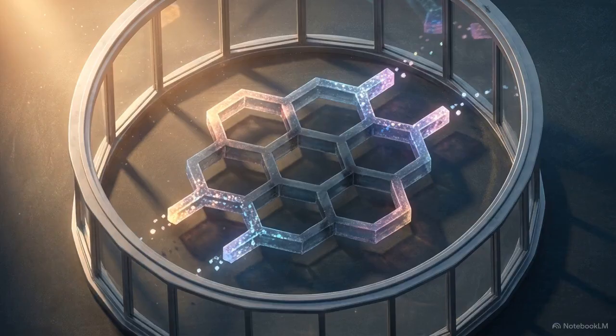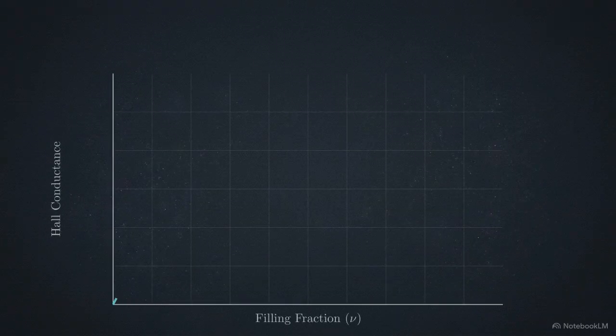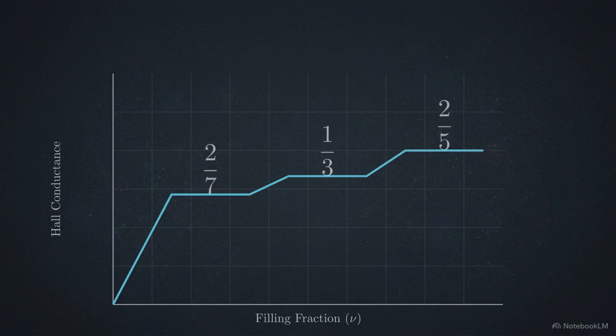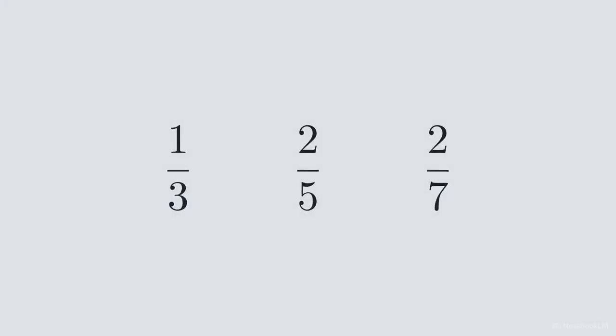That blind spot becomes glaringly obvious when physicists look at advanced quantum materials, like twisted MoTe2 and rhombohedral graphene. This chart shows electron energy states in these materials. Instead of a continuous curve, they lock into isolated plateaus at specific fractions, 1/3, 2/5, and 2/7.